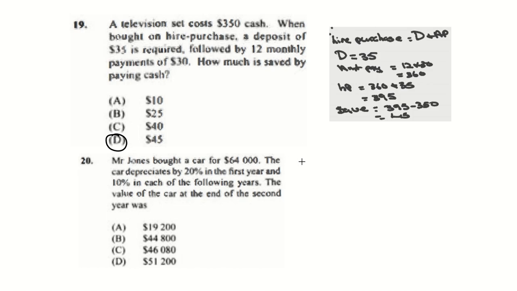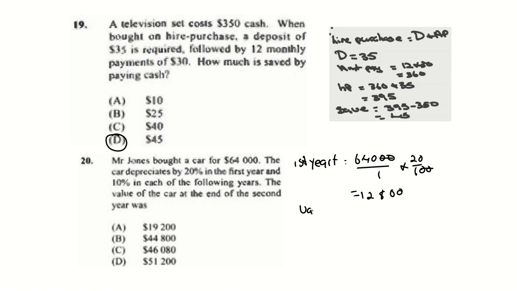So first off, the first year would be 64,000 multiplied by 20%. You add two zeros, 6, 4 twos are 8, 6 fours are 12. This would have been how much it depreciated by.